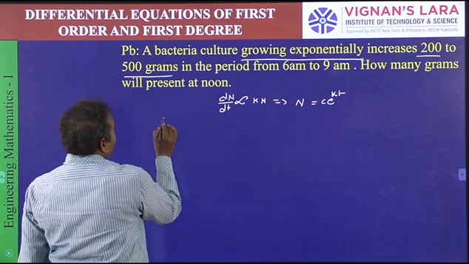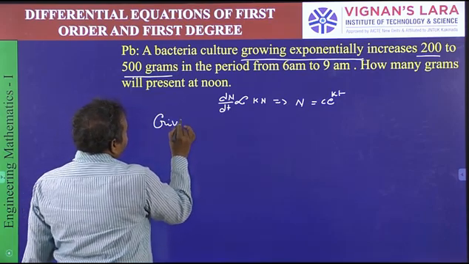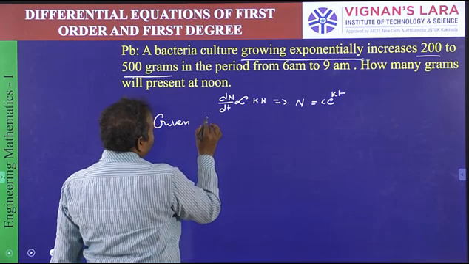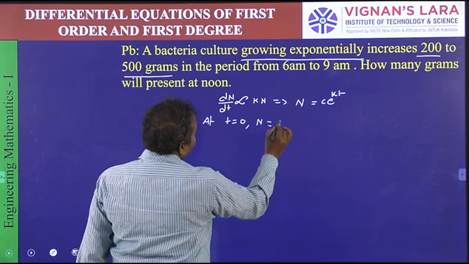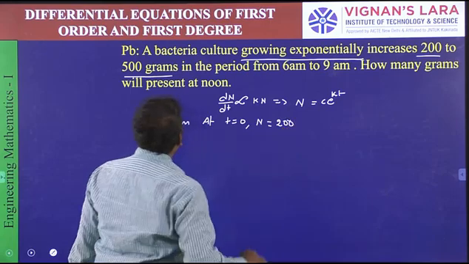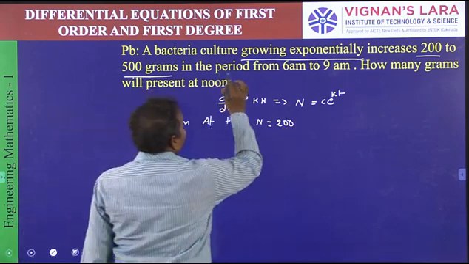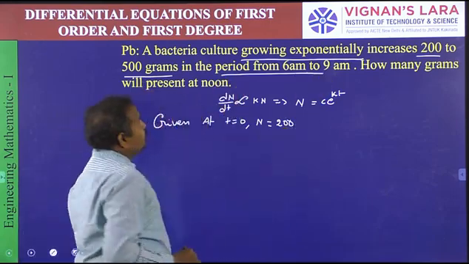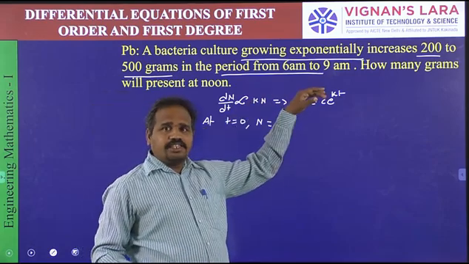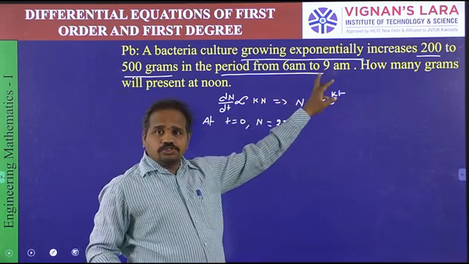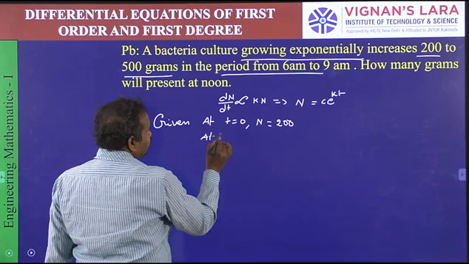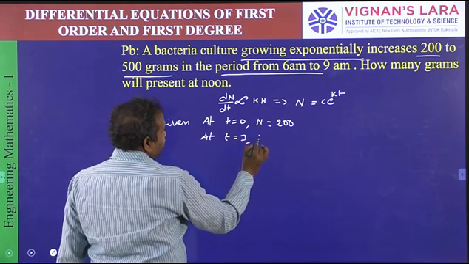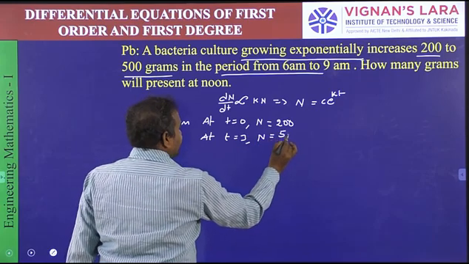So the initial value is given. What is initial? At t is equal to 0, initial bacteria is 200. It increases to 500 grams in the period from 6 a.m. to 9. How many hours between 6 to 9? 3 hours. So at t is equal to 3 hours, N value is 500.